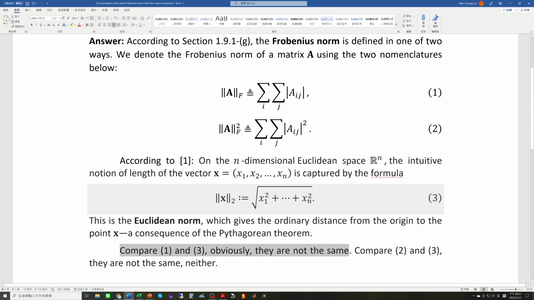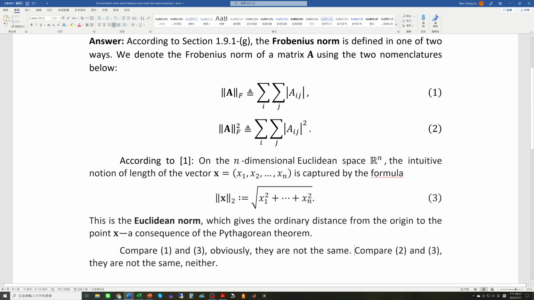And in equation 3, the Euclidean norm is defined as the square root of the summation of the square of every element in x. So you can see that in equation 1 we do not have a square, and we do not have the square root either. And the Frobenius norm is defined on a matrix, and the Euclidean norm is defined on a vector.